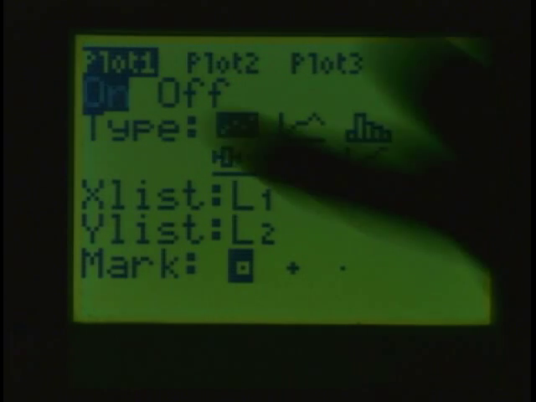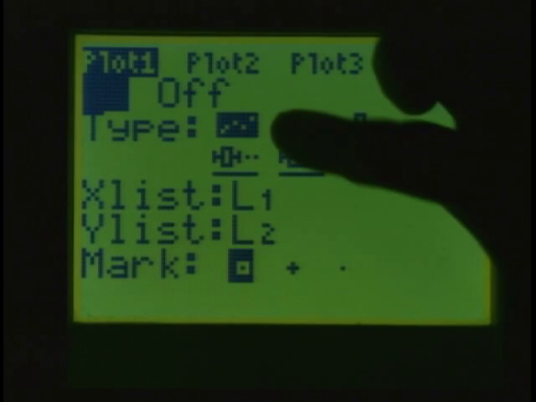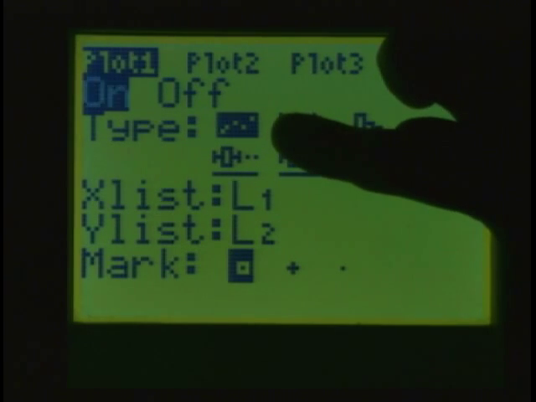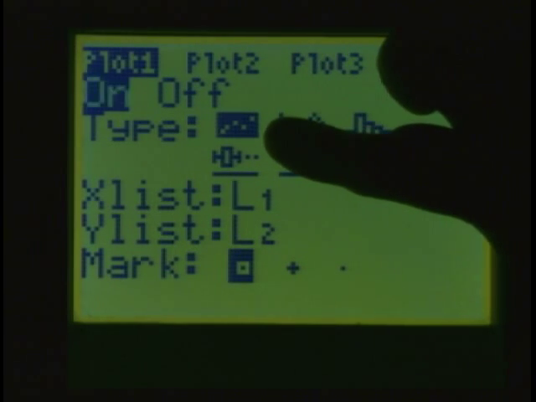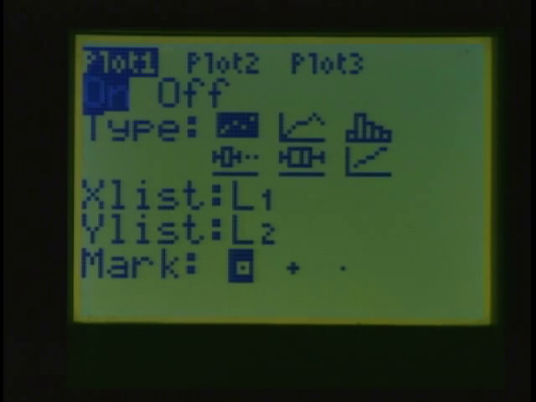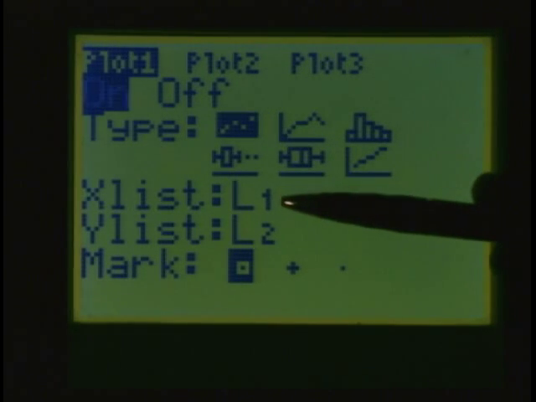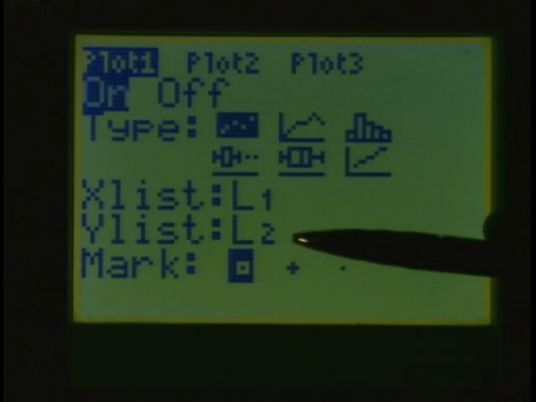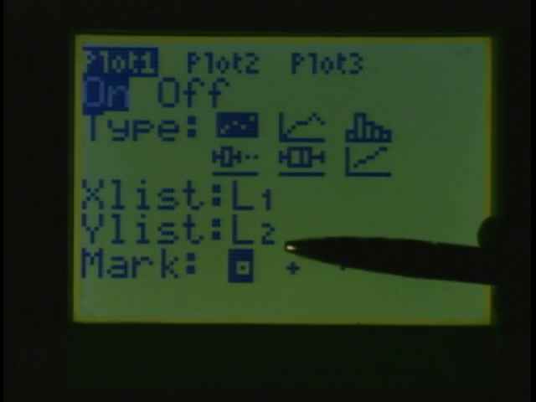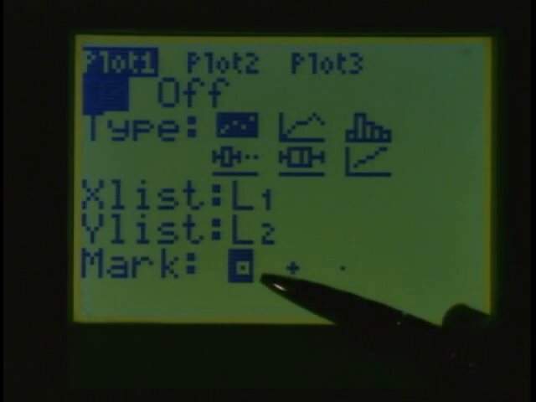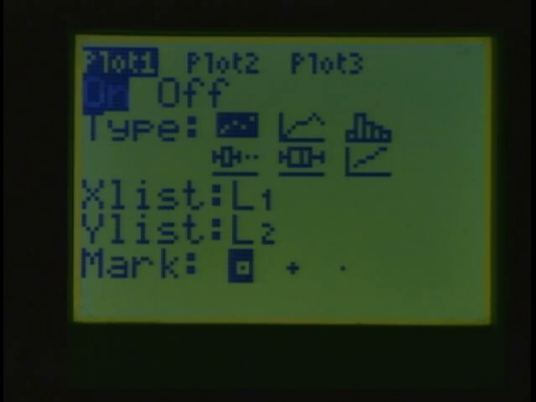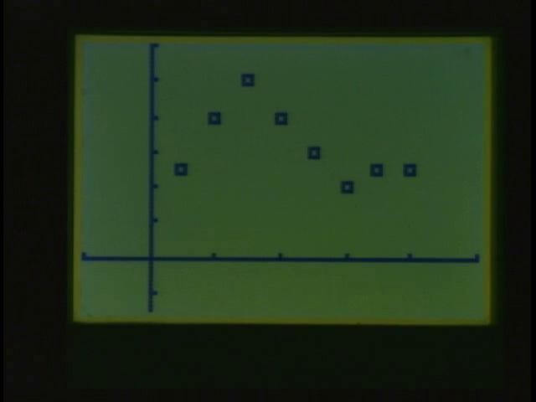You have to make sure that's turned on by hitting enter. This represents scatter diagram. And then it shows that our x data is stored in L1, the y data is stored in L2, and the kind of marks for our scatter diagram are going to be little boxes. So that's what we want set up. We hit graph, and there's a scatter.